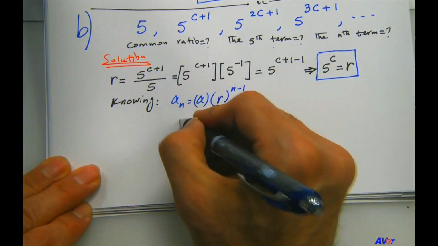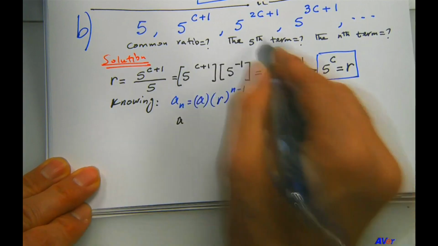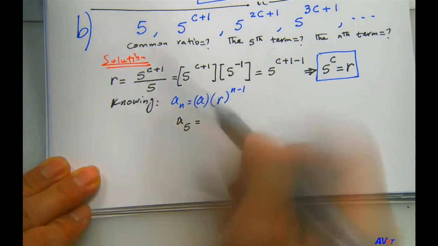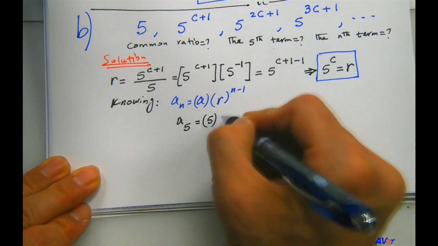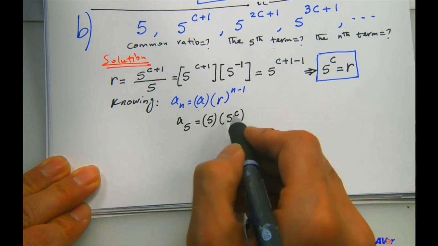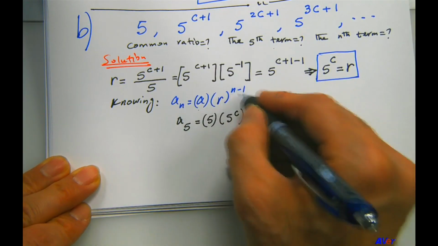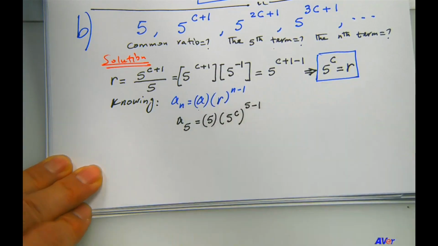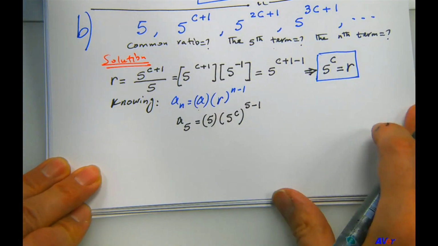We have a5, that's the fifth term. A is the first digit, which is 5. R is the common ratio, which is 5 to the c power. And n minus 1 would be 5 minus 1, because this is the fifth term.